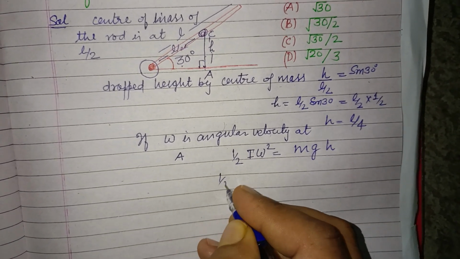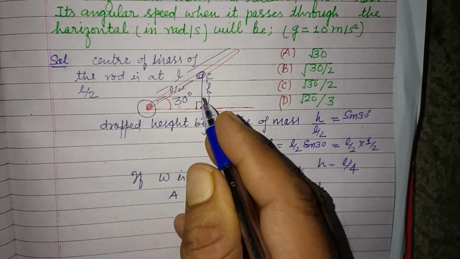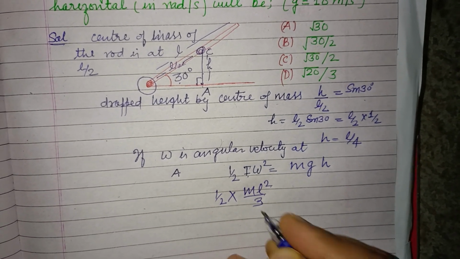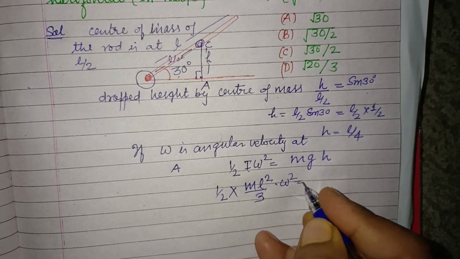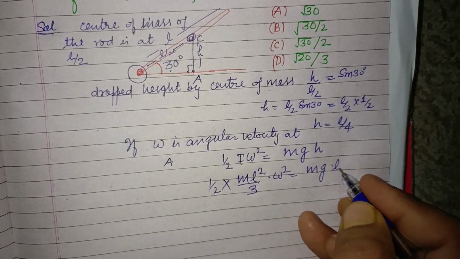So half, the moment of inertia of the rod is ml square by 3, into omega square, equals mgh, h is L by 4.